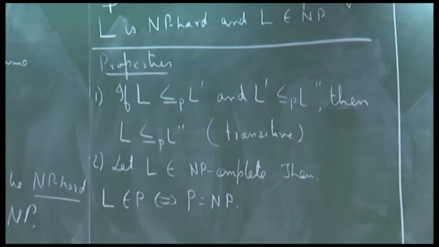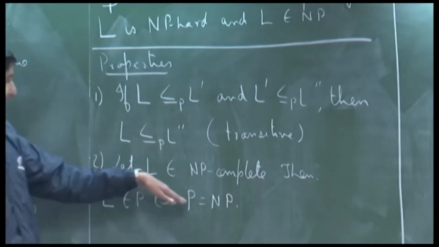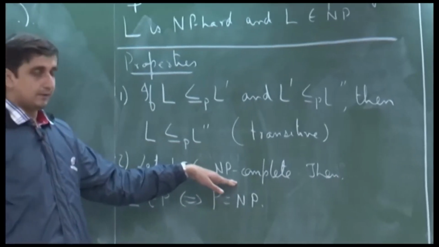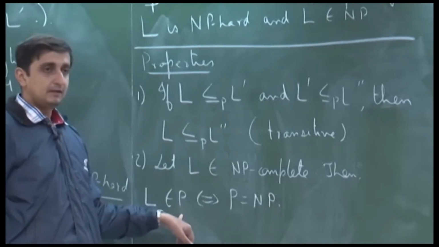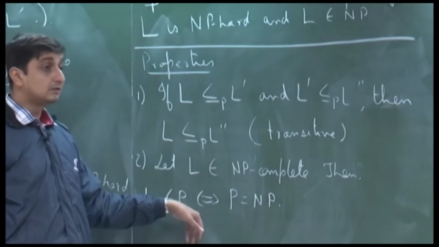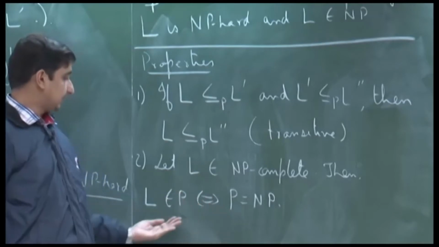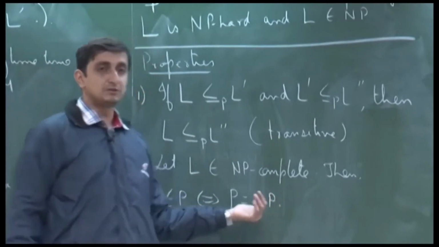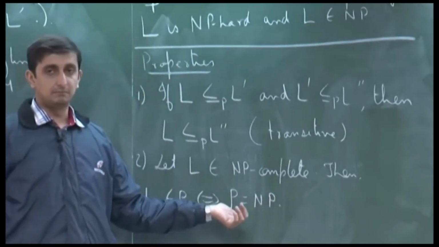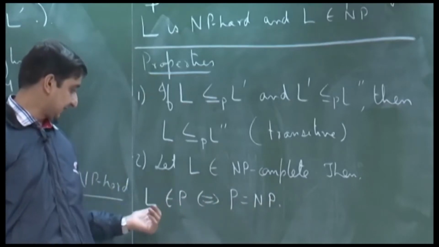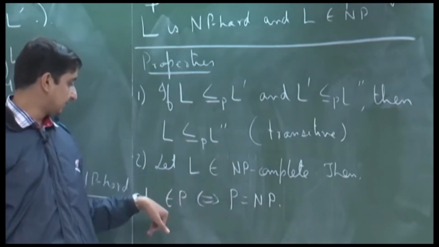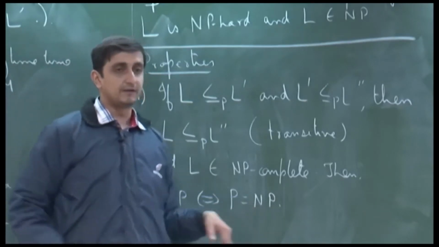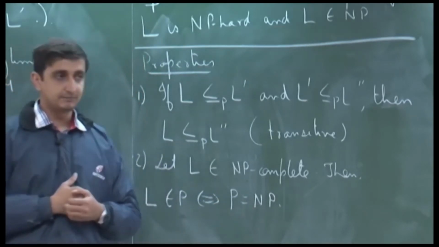Okay. Again, this is easy to see, because if you take any NP complete problem and if you assume that that language is in P, then all problems in NP will also reduce to that particular language, and then by using the P algorithm for this language, you can show that all of NP is contained in P. Okay.